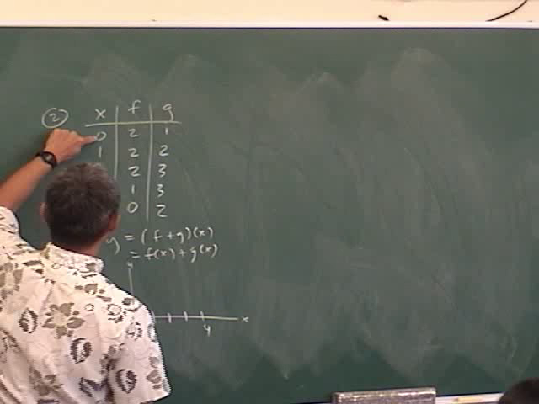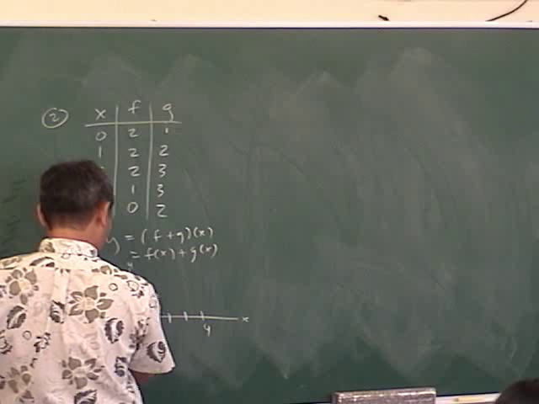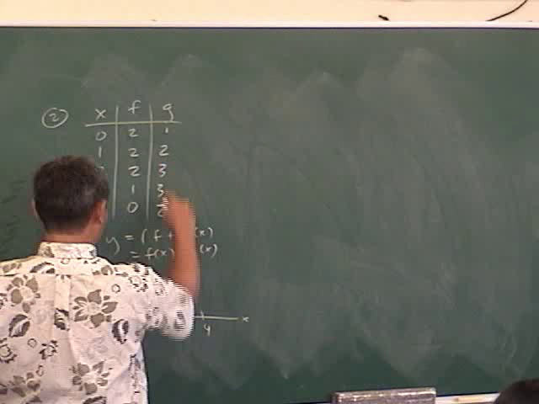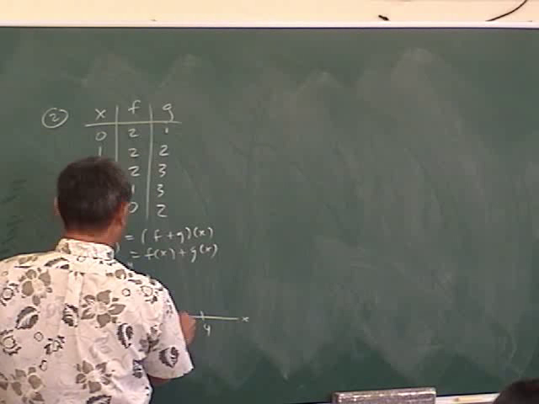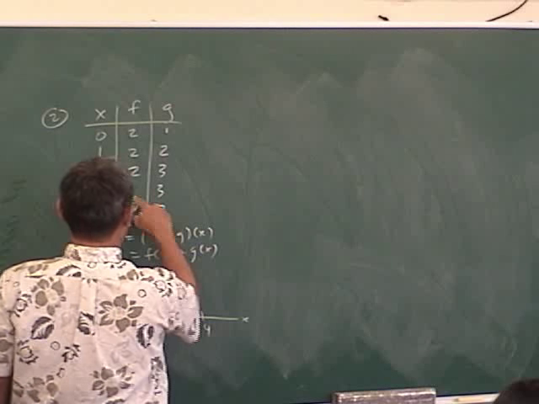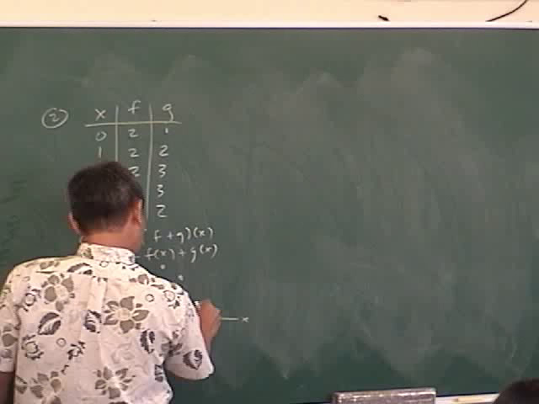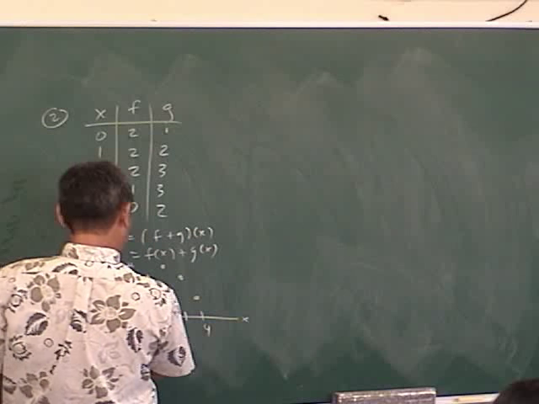So when x is 0, what is f plus g? 2 plus 2 is 4. 2 plus 3 is 5. 1 plus 3 is 4. 0 plus 2 is 2. And so just connect the dots.